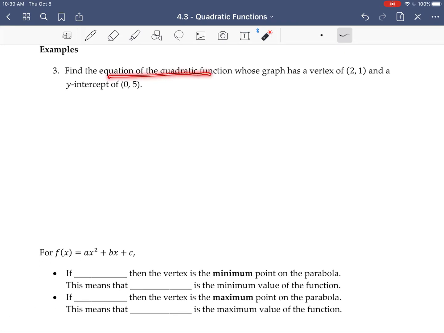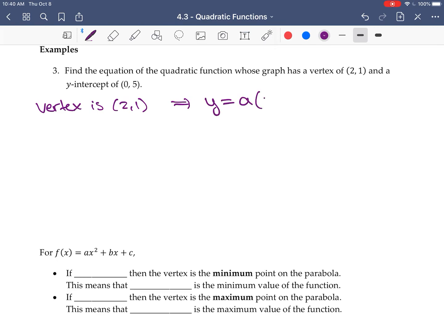We want to find the equation of the quadratic function where the vertex is (2, 1), and we have the y-intercept as (0, 5). The fact that the vertex is (2, 1) means that our function has to look like a times (x minus 2) squared plus 1. This is in the standard form, where h is 2 and k is 1.